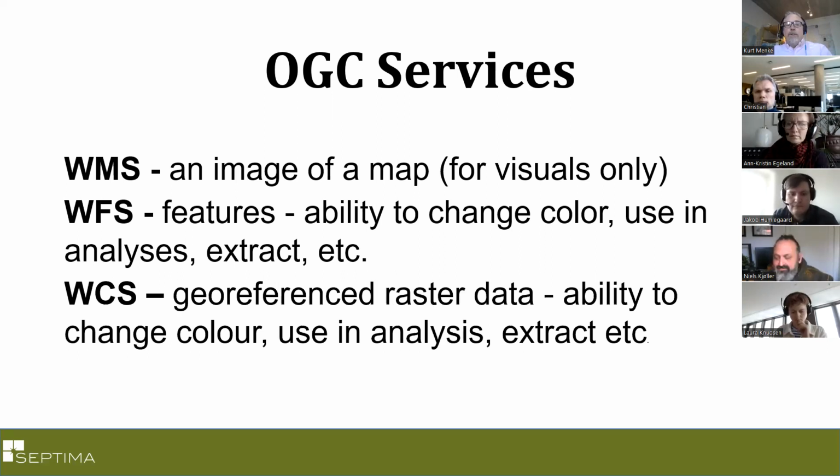And then we have WCS, web coverage service, and this is kind of the WFS equivalent for raster data. This again serves a raster data set to QGIS, but a raster data set that's georeferenced and has all of the attributes or bands in it. And so you can then save this locally and use it in an analysis. So this is how we're going to pull in elevation data into QGIS.